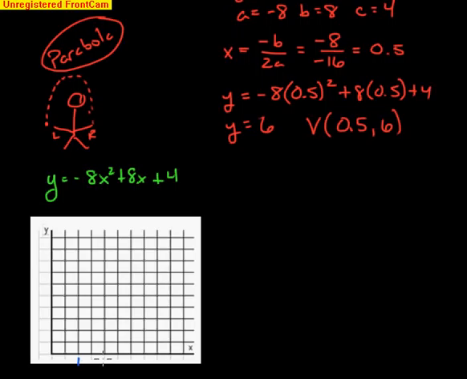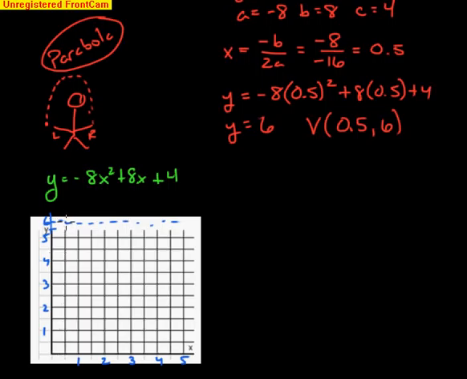Every other is going to be 1, so I'm counting by halves: 1, 2, 3, 4, 5. Do the same thing up here: 1, 2, 3, 4, 5, and I'll put 6 right there. We'll extend this up. There's 6. So we're going to graph this 1/2, 6.